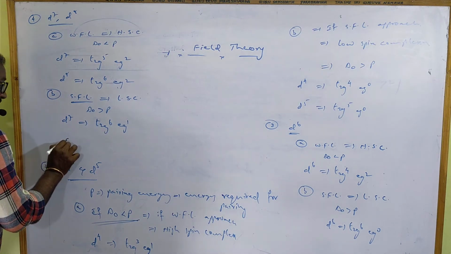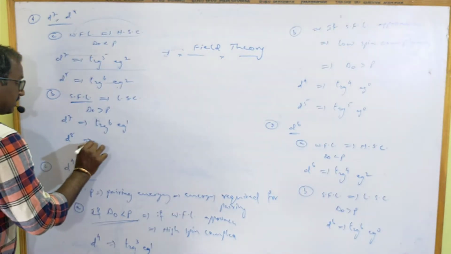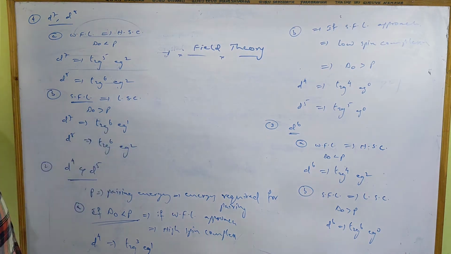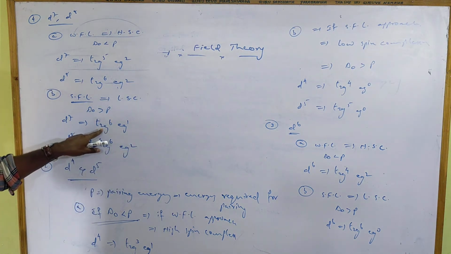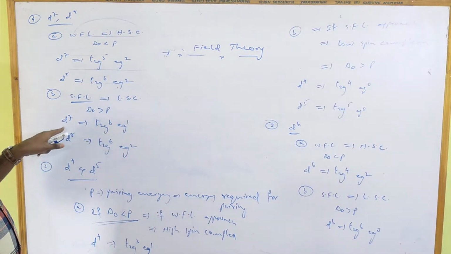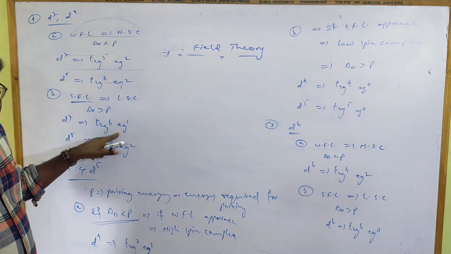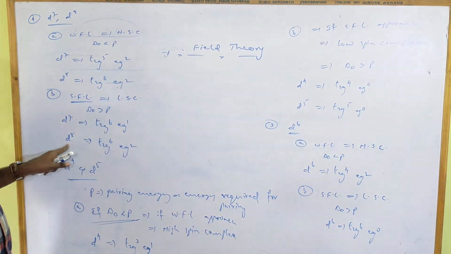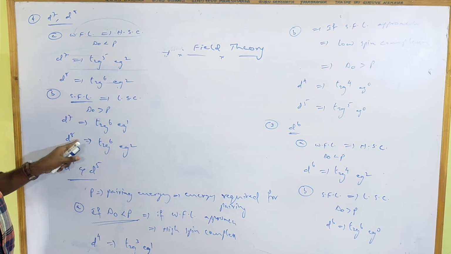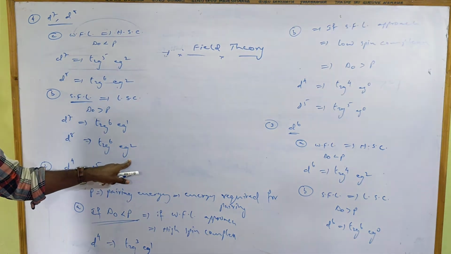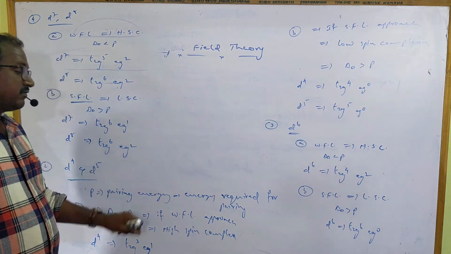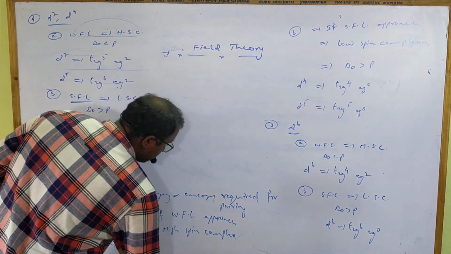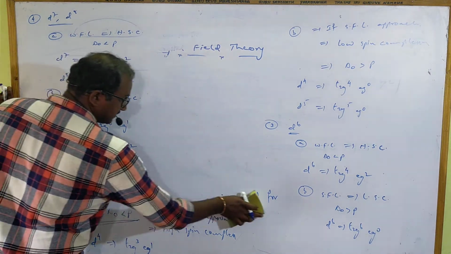For D8, it will be t2g6 eg2, because the t2 orbitals are already filled by 6 electrons. One more extra electron is there that is going to the higher energy after pairing. So after pairing, 2 more electrons remain. The 2 more electrons go to each orbital, one each. So like this it will be taken, in case of strong field ligands and weak field ligands.